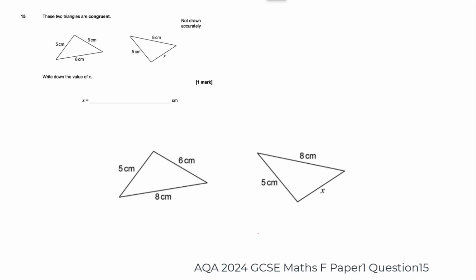Let's look first of all at this big long 8 centimetre side. And I'm going to call it the red side. Now if I pick up this triangle, maybe turn it over or whatever, and it fits exactly on top of this triangle, the 8 centimetre side would have to fit exactly along this 8 centimetre side.